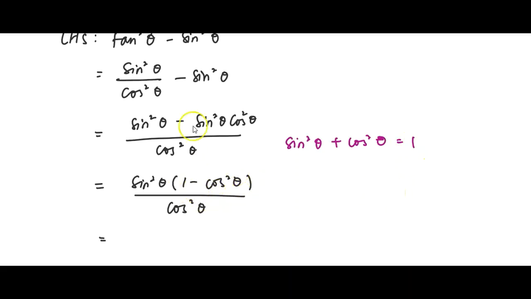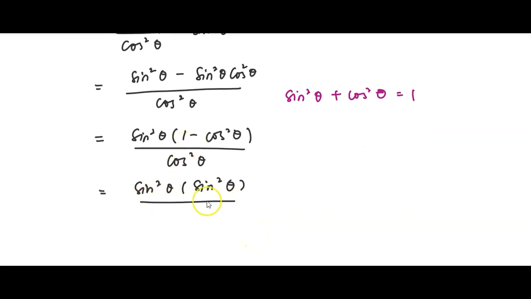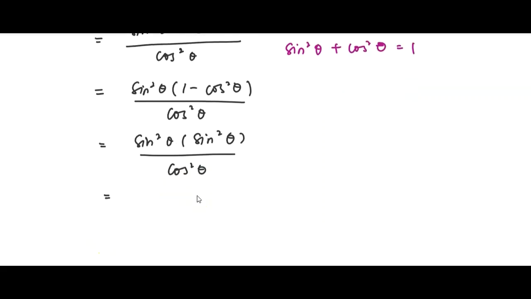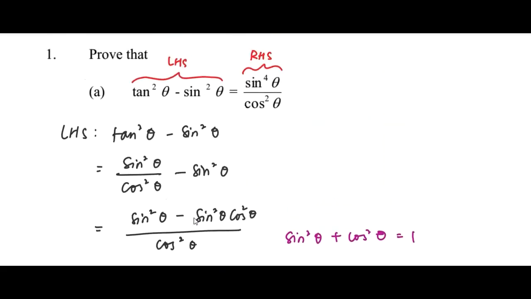So 1 minus cos square theta can be written as sine square theta. So I will substitute 1 minus cos square theta as sine square theta, and this is divided by cos square theta. Sine square theta multiplied by sine square theta will be sine power of 4 theta over cos square theta. And looking back to our question, you have actually already reached the right hand side.